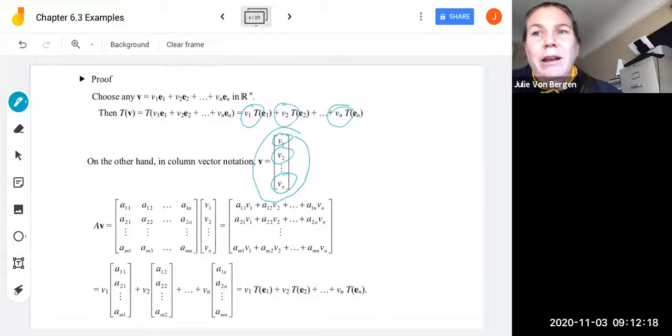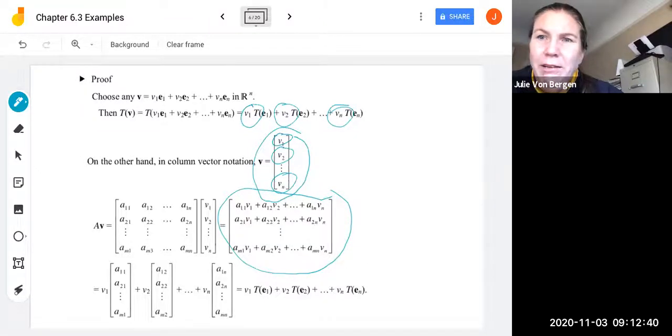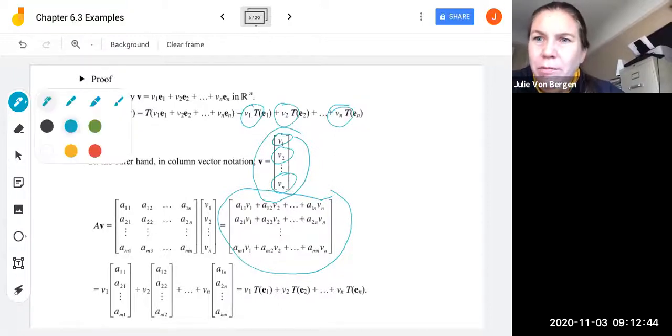So then taking this vector v, with v1 through vn values, we can say matrix A multiplied by v1 through vn as a column vector. And then we get essentially the m rows corresponding with the linear transformation. And then we can break it out by the v's using our coefficients here as columns.